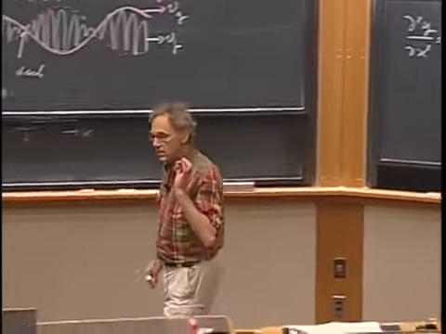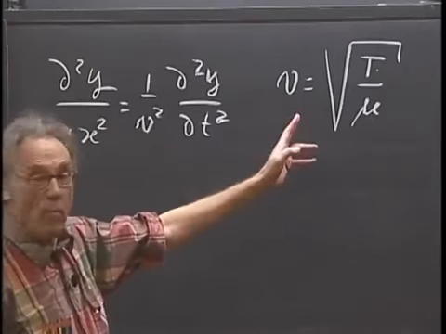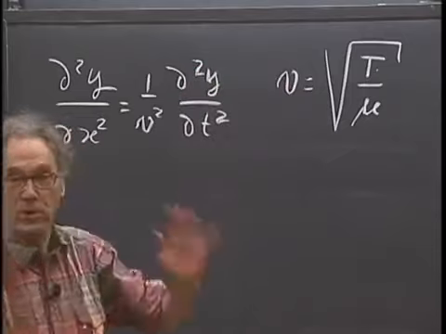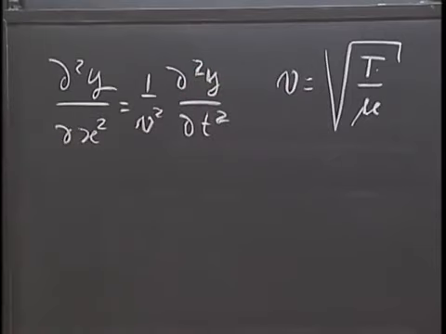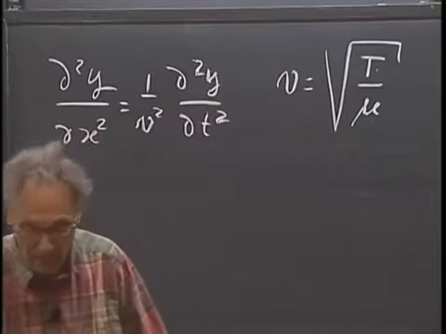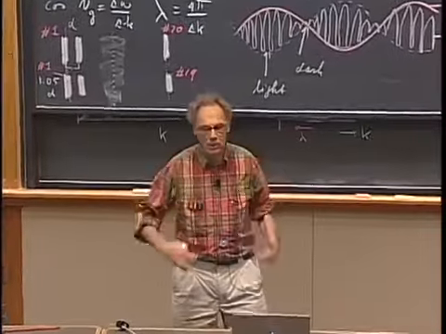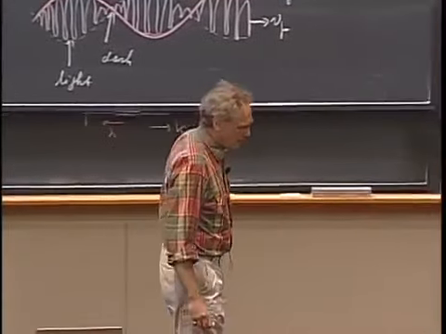In this speed there is no k, there is no omega, so it's a non-dispersive medium. You tell me what omega is, and that's going to be the speed. It's independent of frequency. It's a non-dispersive medium. And the reason for that is because we only took into account that the tension in the string was responsible for the restoring force.